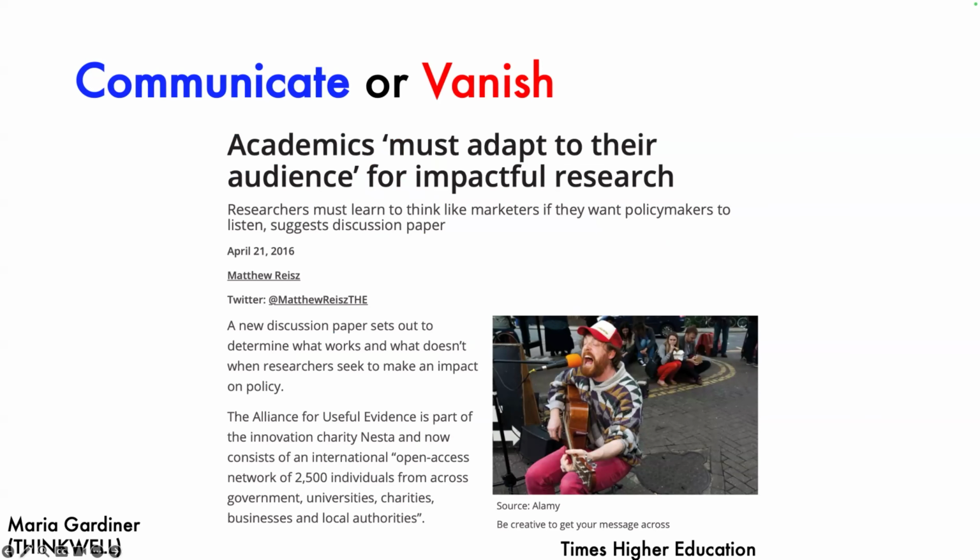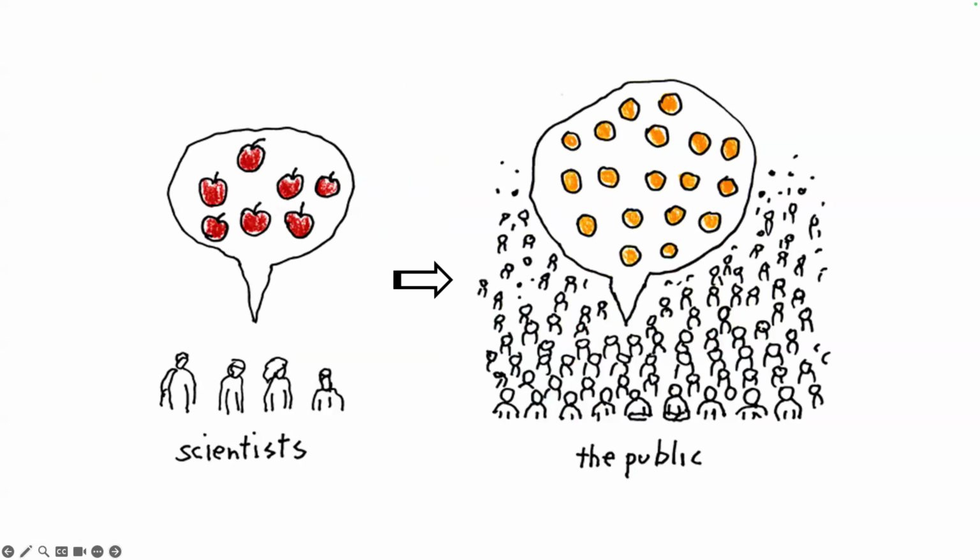I'm just borrowing this from Marie Gardner from ThinkWell. They're also psychologists that help academics and PhD students in several ways and do research on academic performance. But this is an interesting idea because we need to think about how we communicate things to the public, but it's not just about communicating more efficiently with the public.